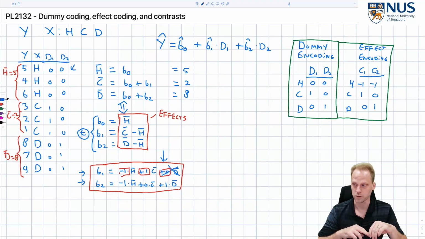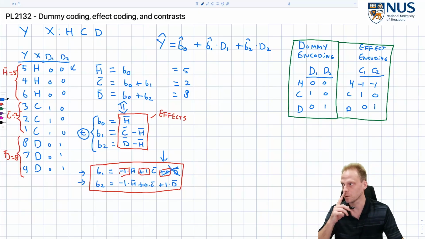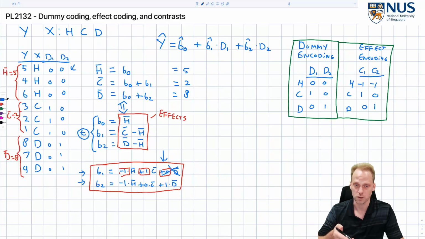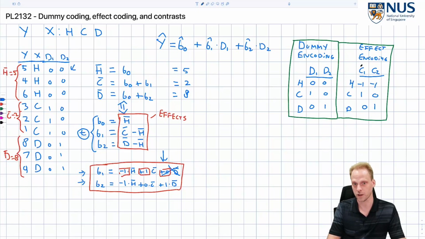For cats, the first one is 1, and for dogs, the second one is 1. But those dummy variables are encoding these effects. Now, the nice thing is that I can specify these effects and tell Jasp, okay, I'm interested in these effects. I don't care how you specify the dummy variables, just make sure that I get these effects of interest. So I get the t values of interest. And that's actually what's happening here. So it's not the case that if you use effect coding, the dummies are actually different. The dummies are the same.